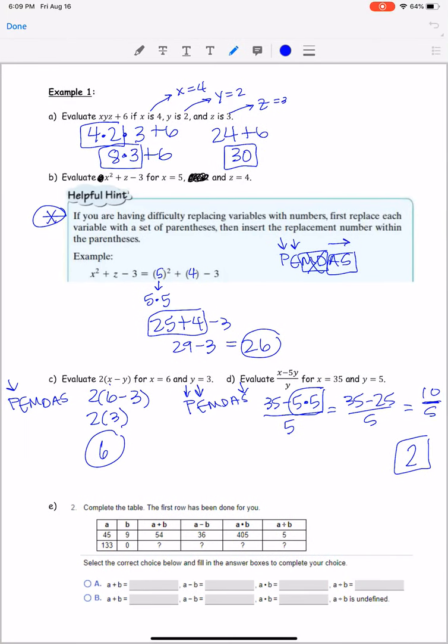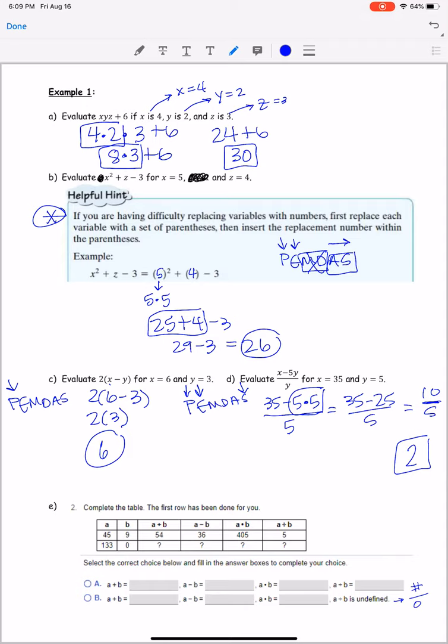Okay, I was looking ahead on part E. Notice here that in your last lesson, we kind of went over what undefined means. We need to remember what undefined means. Undefined simply means that you have some number being divided by 0.